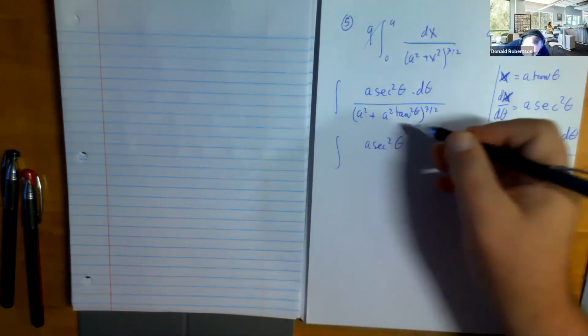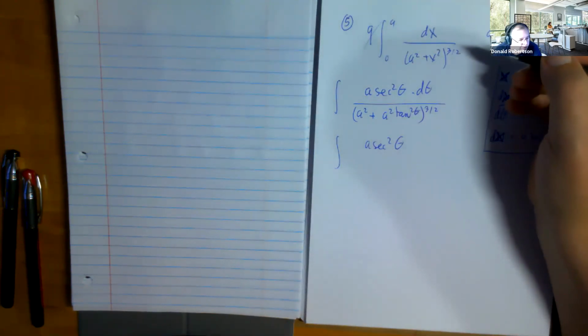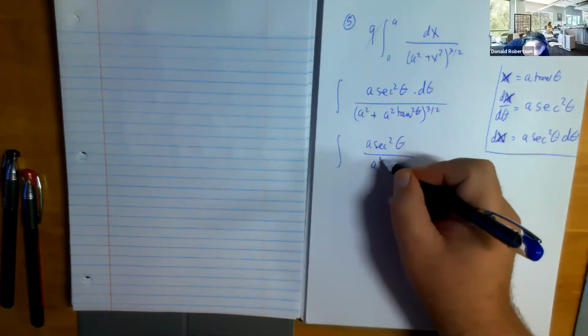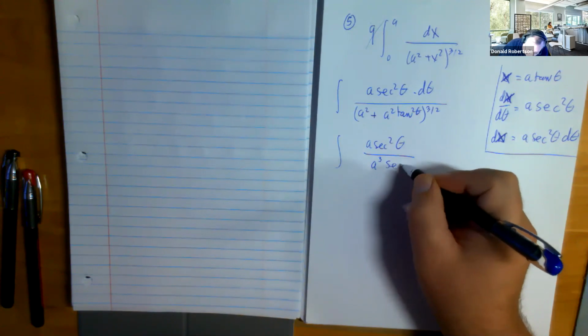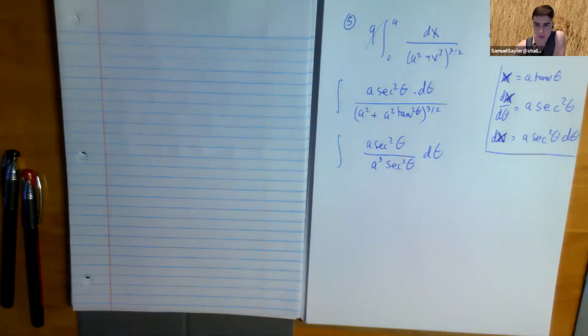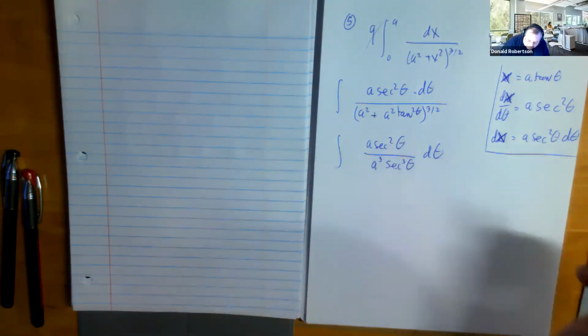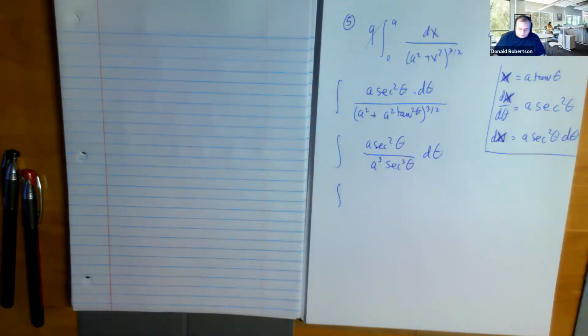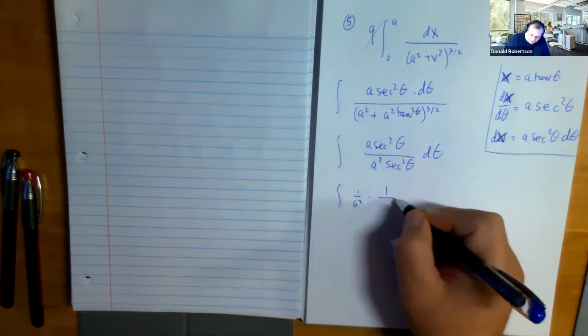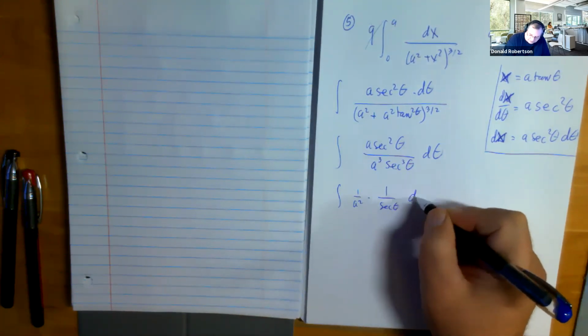Won't the bottom get you an a squared secant squared? Yes. And raised to the third power, you get that. And there's a cube in there as well, right? So far, so good. That gets me 1 over a squared and a 1 over secant and a d theta.